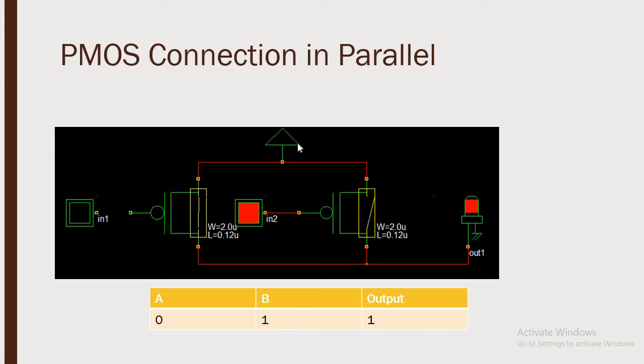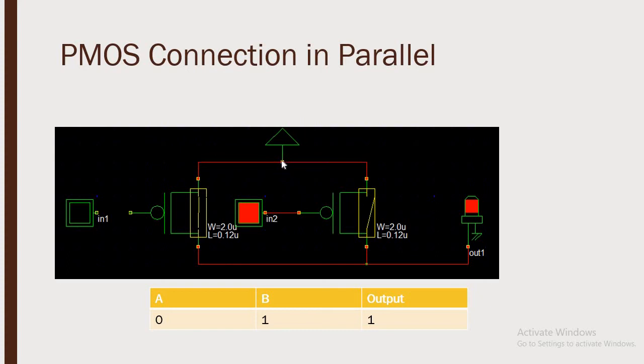But we can see here, when the single input is high and the single input is low, then our output is also 1. Why? Because these two are in parallel.